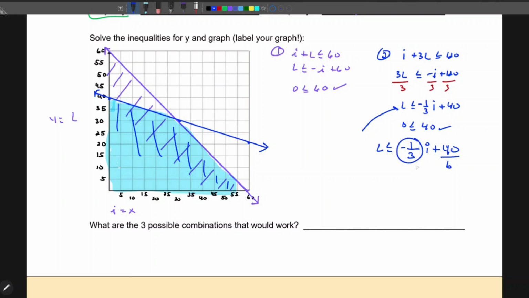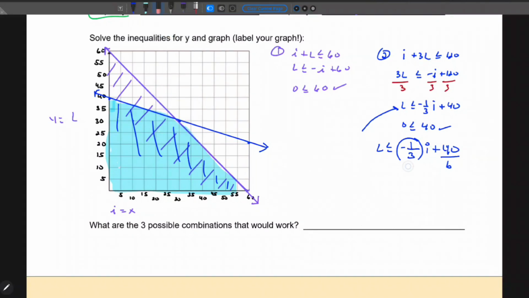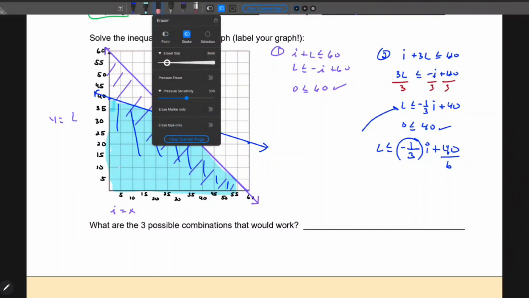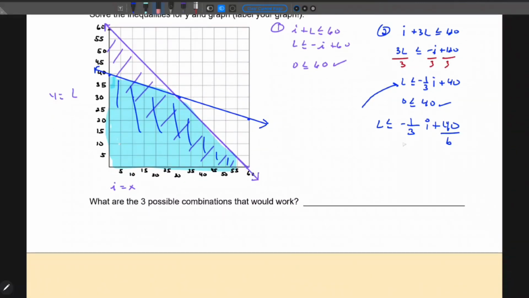And then I looked at this negative 1/3 and I thought, well, that's a gross number, but I could rewrite it as negative 10 over 30. So I took my negative 1/3 and multiplied it by 10 over 10 to get negative 10 over 30 to fit the scale of my graph. And so this is probably pretty helpful.